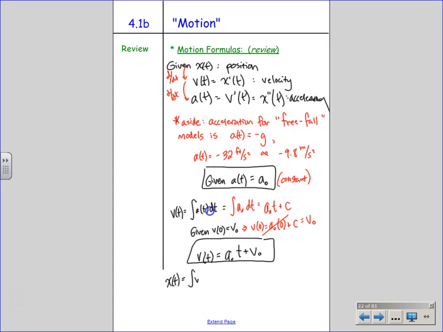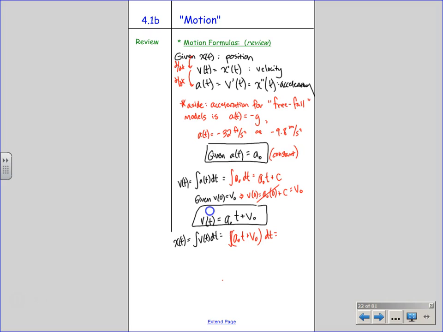So we're going to take the integral of velocity, which is the same thing as, let's start plugging in, the integral of a sub naught t plus v sub naught dt. You guys know, take the integral of kx, or of a constant times x. Don't we have to do a power rule?